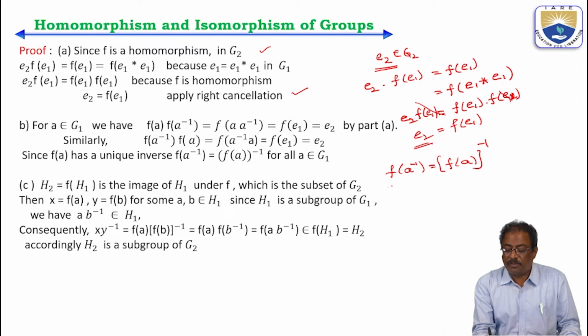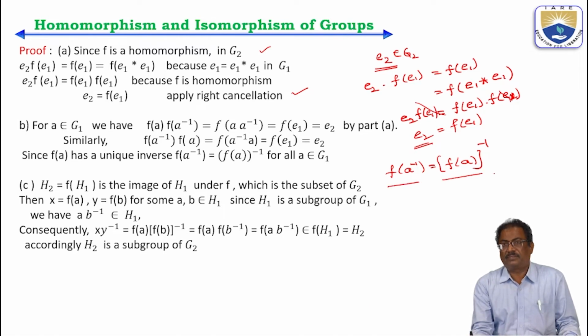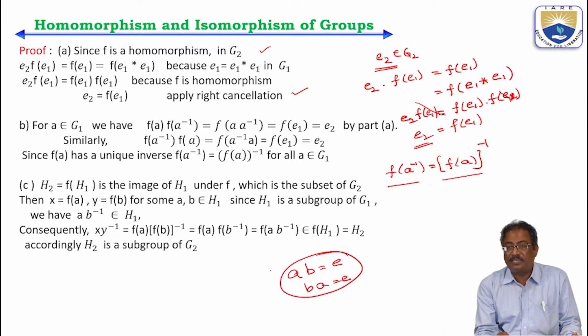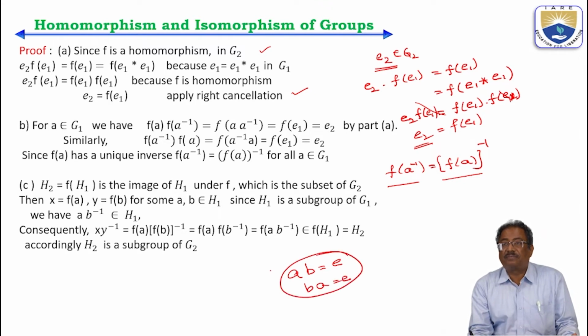Then one is said to be the inverse of the other. Already we proved that if any two elements a b is equal to the identity element, or b a is equal to the identity element, then both are inverses of each other.